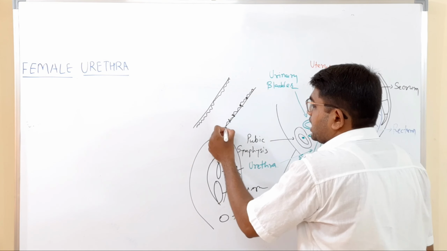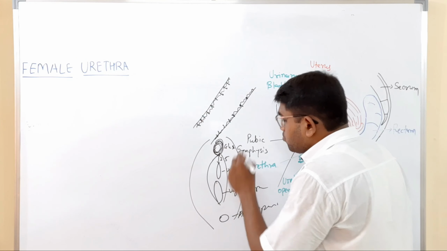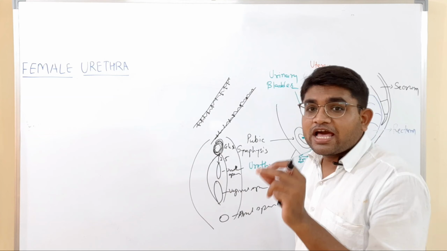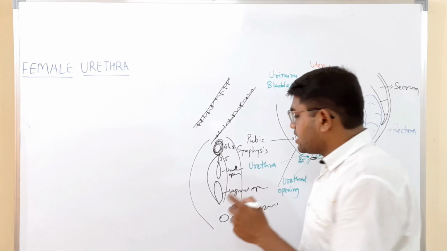Okay, these urethral glands open into the urethra, but at the external urethral orifice, on both sides of it, a number of urethral glands accumulate and open by a single duct.